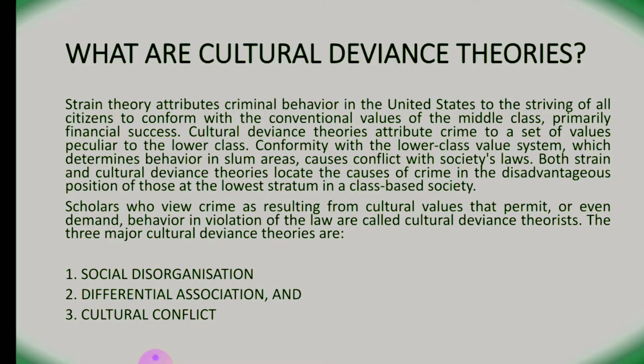Both strain and cultural deviance theories locate the causes of crime in the disadvantageous position of those at the lowest stratum in a class based society. Scholars who view crime as resulting from cultural values that permit or even demand behavior in violation of the law are called cultural deviance theorists.